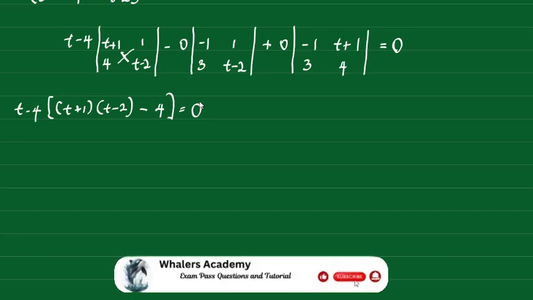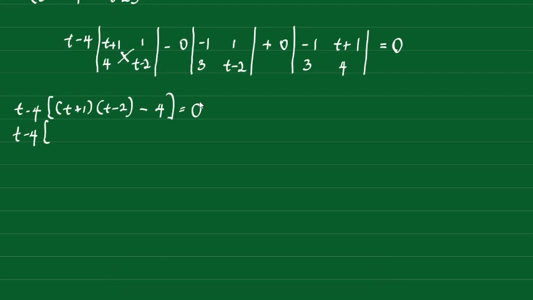So we proceed, and we have t minus 4, bracket open, t times t, we have t squared, t times minus 2, we have minus 2t, then we have 1 plus 1 times t, we have plus t, then we have plus 1 times minus 2 gives us minus 2.